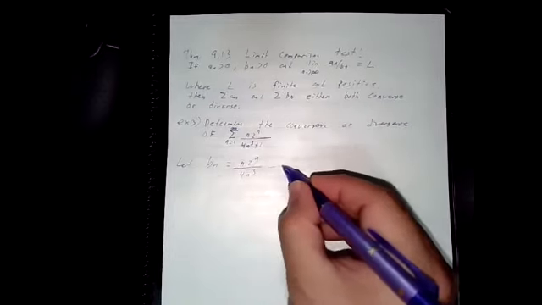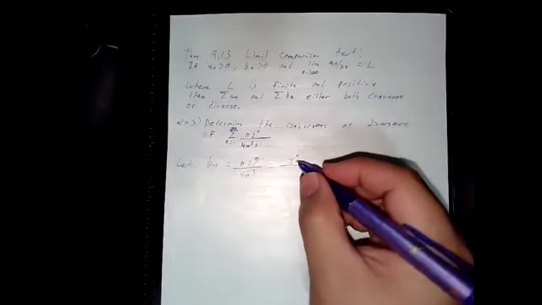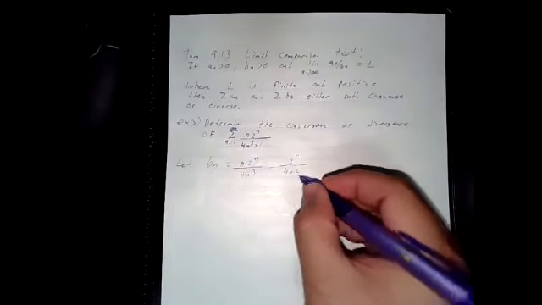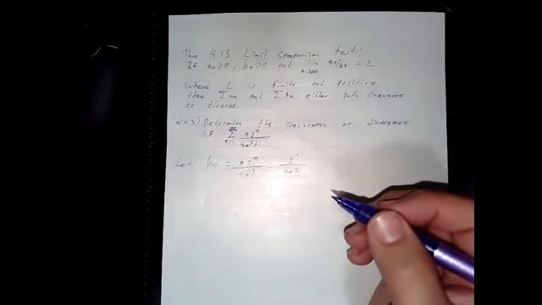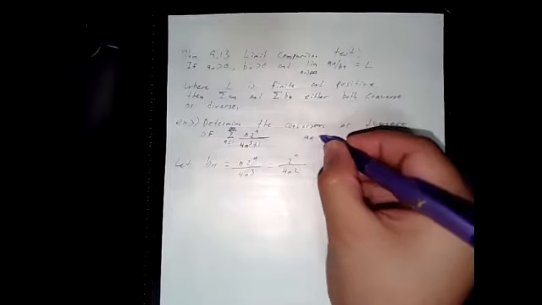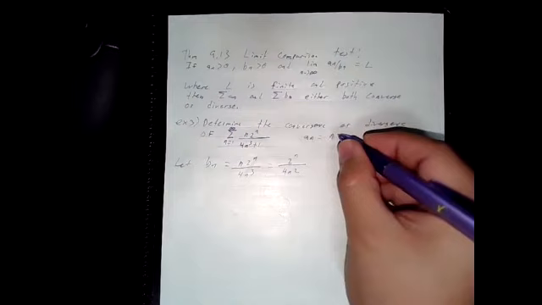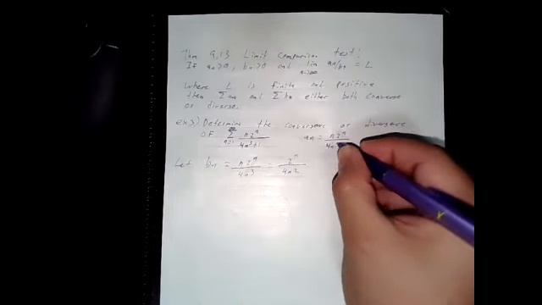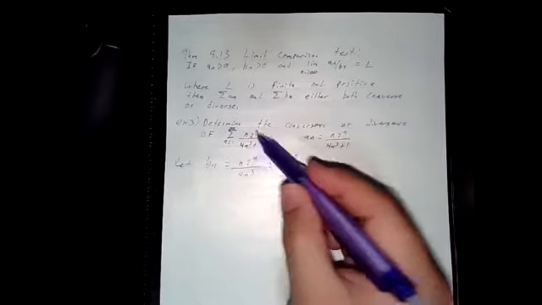Notice how this will reduce into 2 to the n over 4n squared, right? So now divide an. An's already given to us, right? An is always the piece of the original question, the sequence of the series.